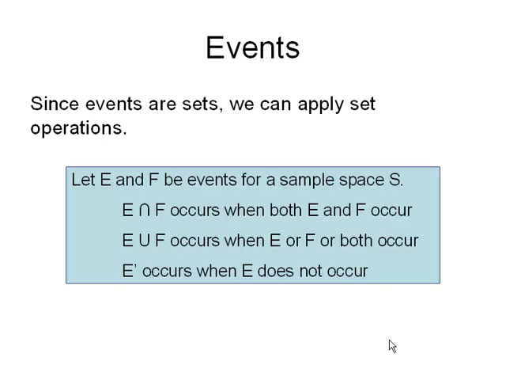E union F occurs when E or F or both occur. The complement of E occurs when E does not occur. So what you'll notice here is these descriptions include and, or, and not, which are kind of our telltale signals for intersection, union, or complement.